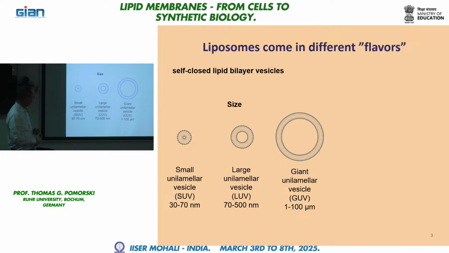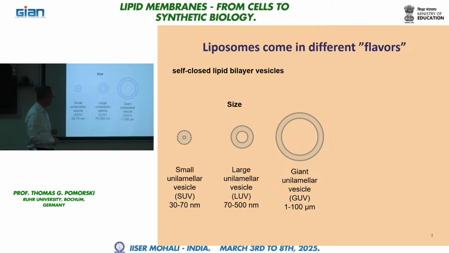The small ones are up to 70 nanometers, which is something you cannot see anymore in a light microscope. Yesterday we have heard, no? 200 nanometers is basically the border where you can see with a light microscope. So here you would need electron microscopy to make them visible.